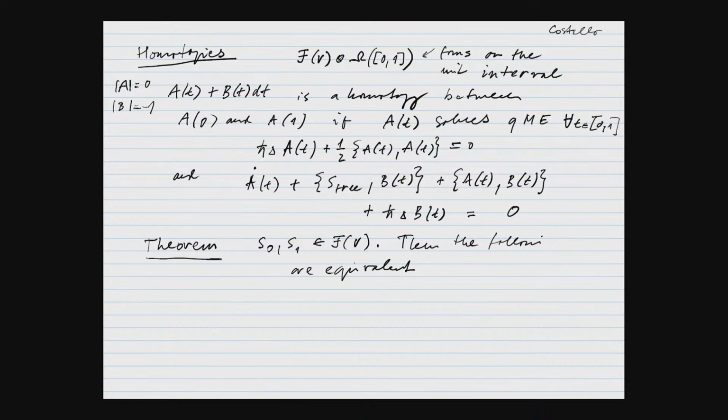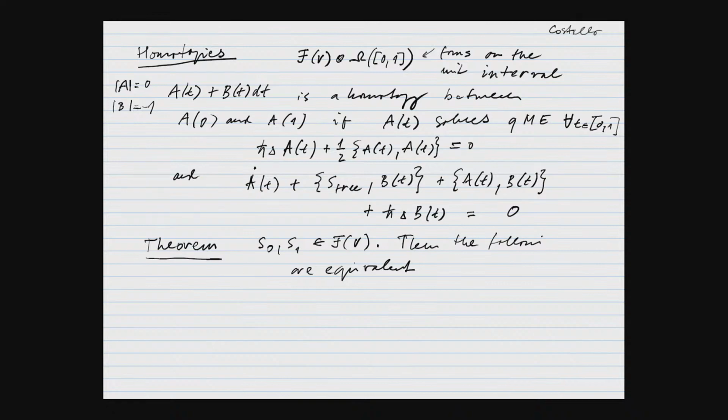And you just tensor with one forms on the unit interval. And you consider elements here, which are the sum of a function on T with values in functions of V, plus a one form, where now the B is of degree -1.